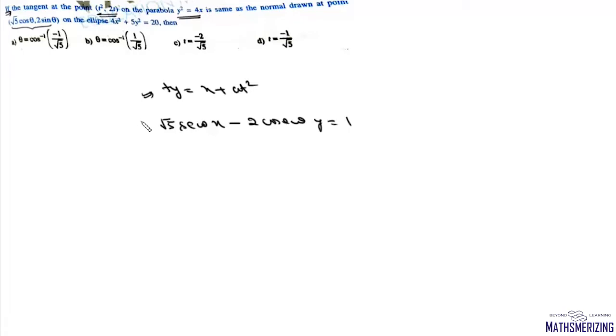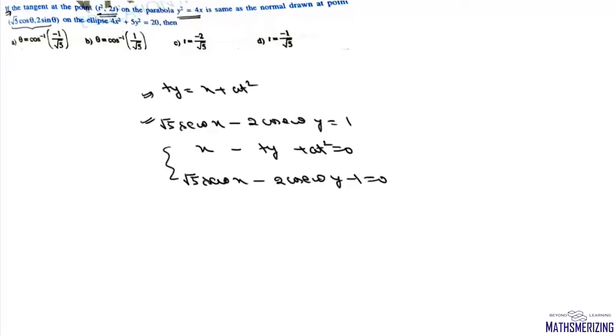Now these two equations, they represent the same line. So we can rewrite this first equation as x minus ty plus at square equals to 0, and the same way we can write the second line as root 5 secant theta x minus 2 cosec theta y minus 1 equals 0.